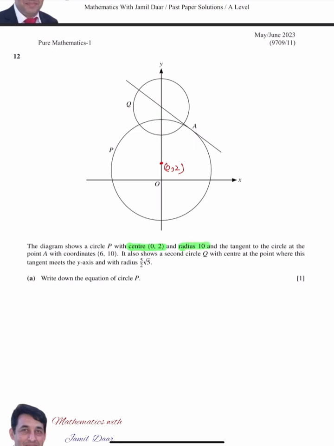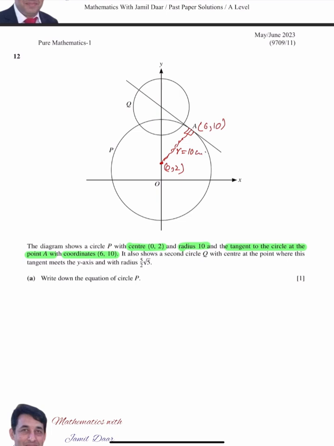The tangent to the circle is at the point A with coordinates 6, 10. So if you draw the radius to A, that means this is 90 degrees, and this radius is given as 10 centimeters.